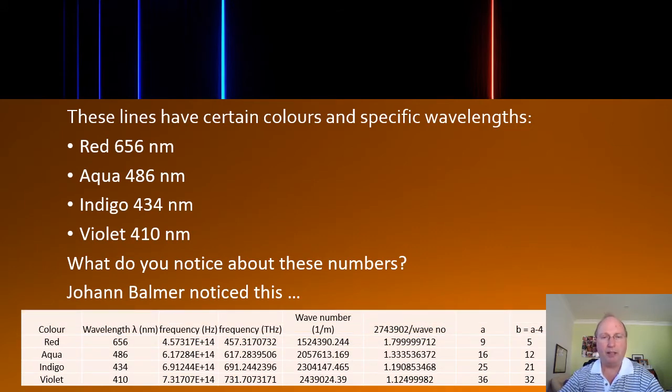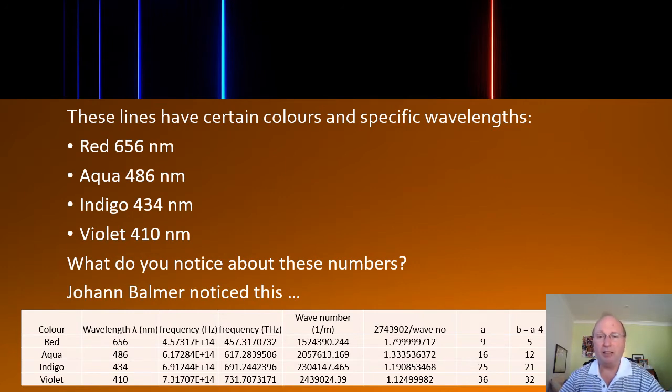If you take the wavelength and determine the frequency in terahertz, and then take that wave number and get a number that is 2,743,902 and divide it by that wave number, you'll end up with a fraction in whole numbers.